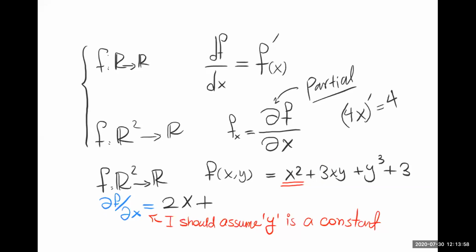Here it's 3, but I'm assuming y is another constant number, so that's also a constant number. It would be 3y, because I'm assuming y is also a constant number.